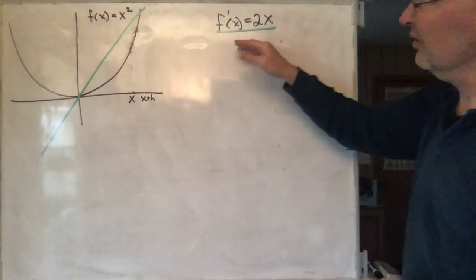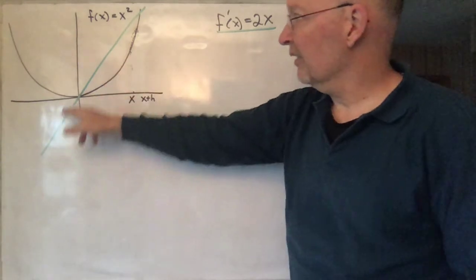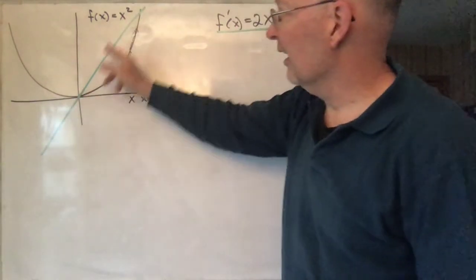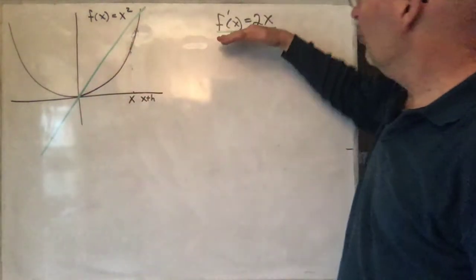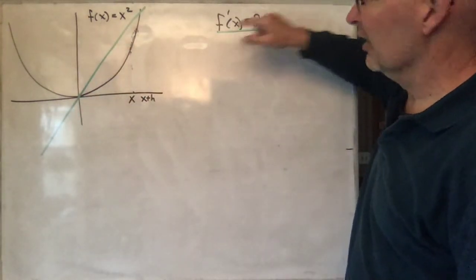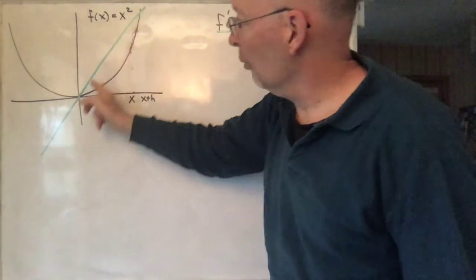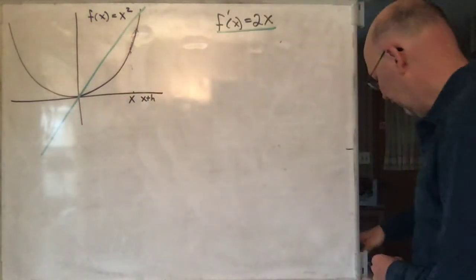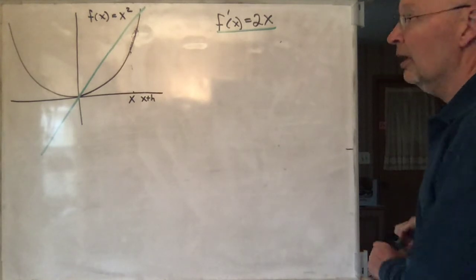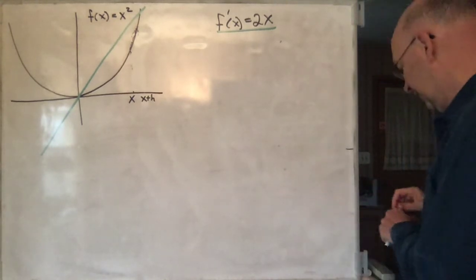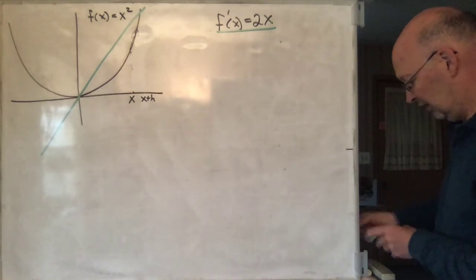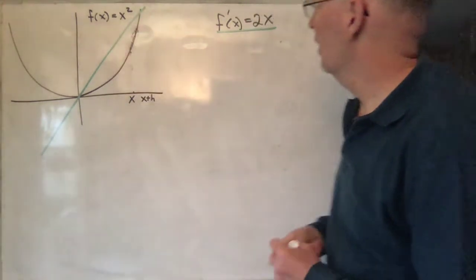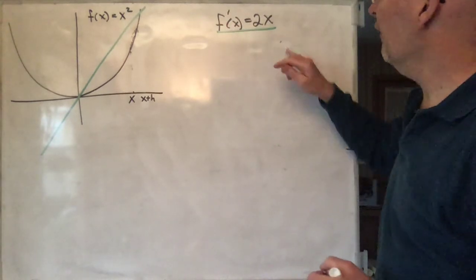Now, 2x is another function. That's a straight line. If I were to find what's the slope of this line at every point, that would be the derivative of this function. What is the slope of this line at every point? It's obviously 2. So we'll prove this in the next lesson, but it's clear enough that if I wanted to express the derivative of this function, well, then I want the derivative of the derivative.